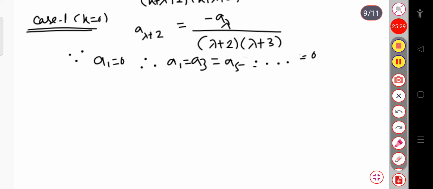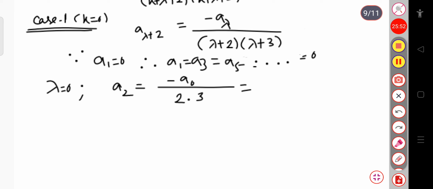Now let us take lambda equal to 0. When lambda equal to 0, we can write A2 equal to minus A0 divided by lambda plus 2 into lambda plus 3, which is 2 into 3. That is equal to minus A0 divided by 3 factorial. Again, we will take only the even terms.